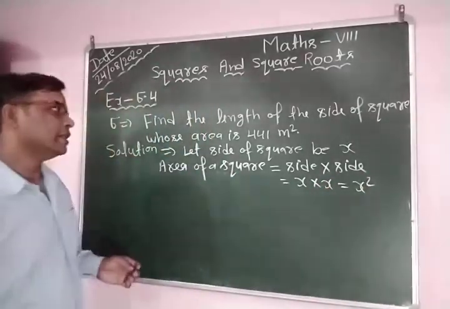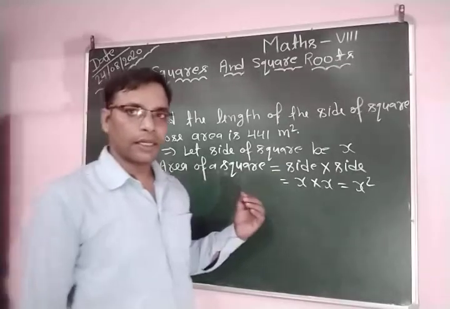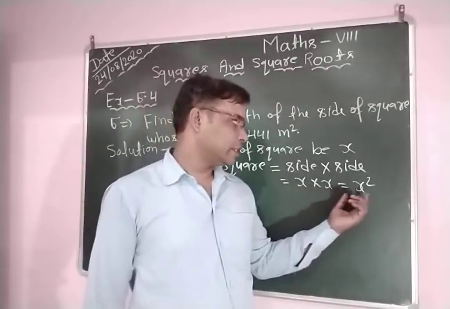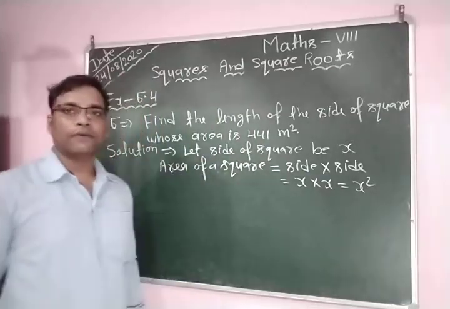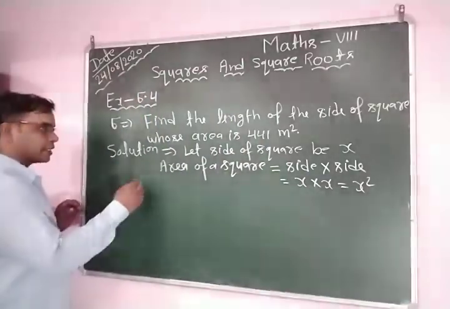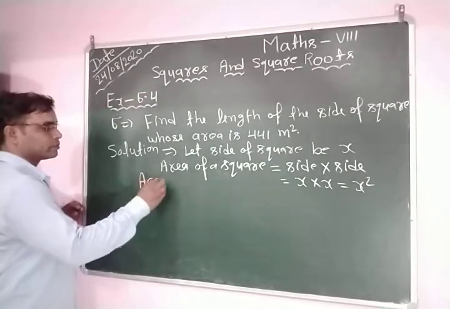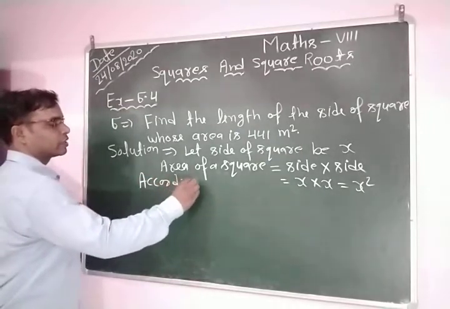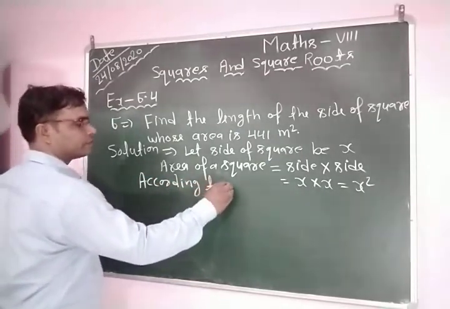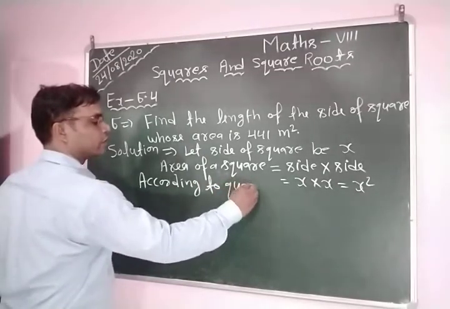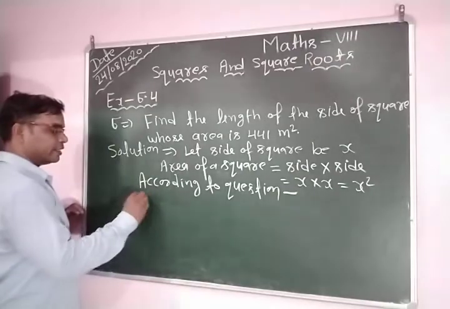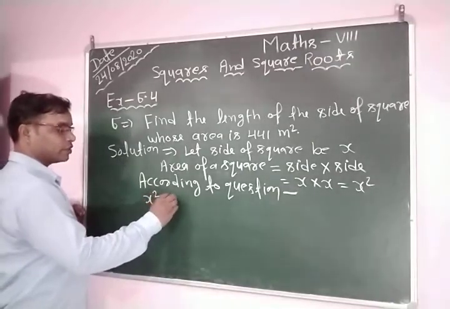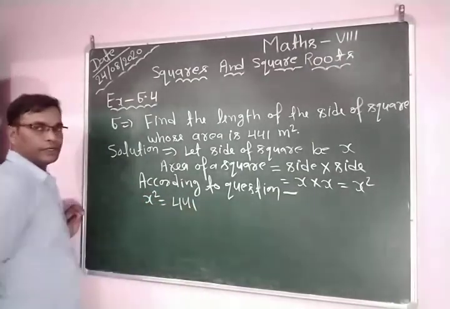Okay, but here, given our supposition, the area is x squared, but the given area is 441. So according to the question, you can write here x squared is equal to 441.